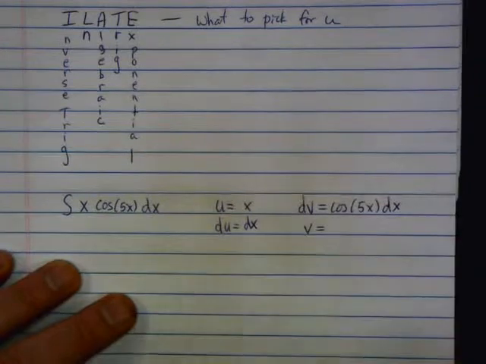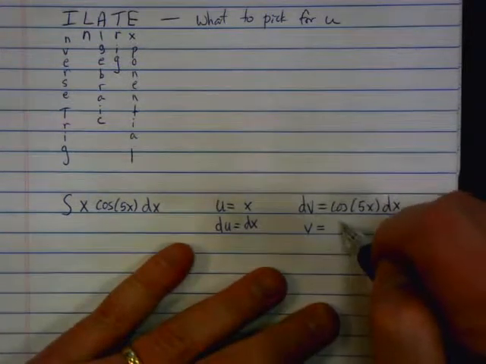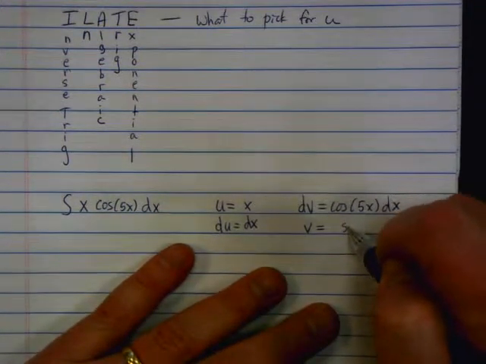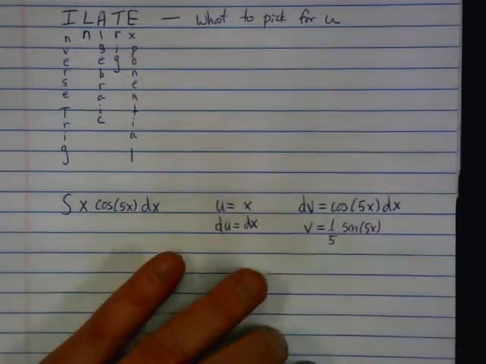Over here we integrate. What's the integral of cosine 5x? The derivative of cosine is negative sine. The integral of cosine is positive sine. So this is going to be sine 5x over 5, sine of 5x times 1/5.